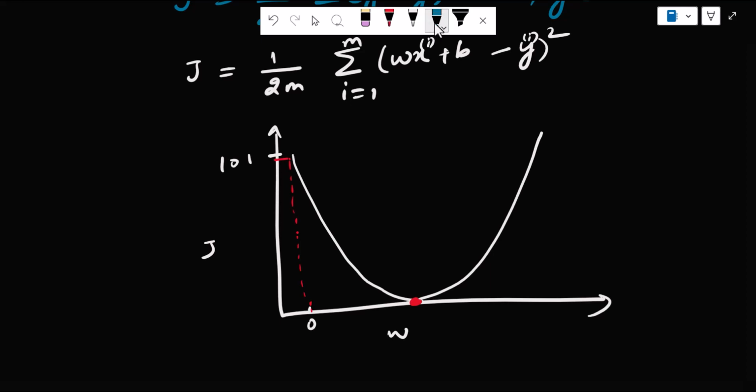We have to arrive at this value of J, and we don't know what is the value of w at this point. So we have to gradually arrive at this point. The analogy which is famous all over the internet is like this: suppose you are a blind person and you have to get down a mountain.